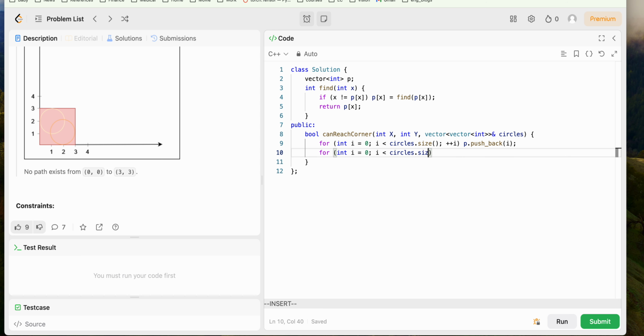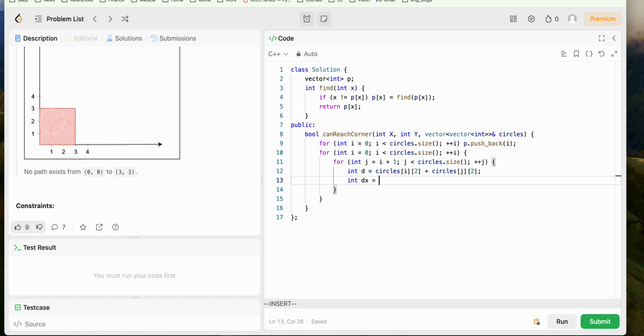Then for each circle, we will need to check all the other circles. j equals i plus 1, j less than circle size, plus plus j. And here we have the distance d, which is circle i's radius plus circle j's radius.